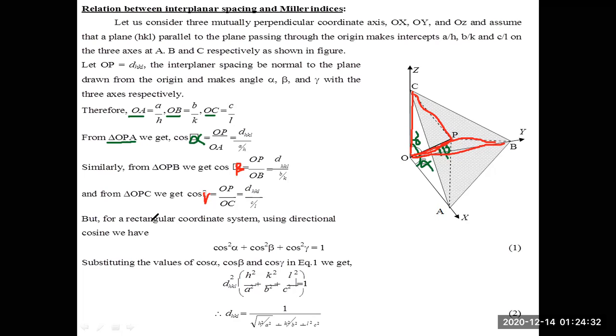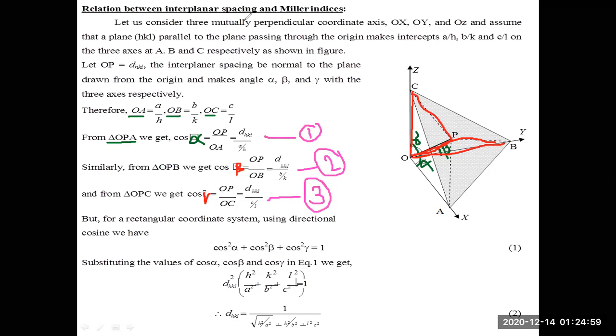So now I got these three right angle triangles, and I got the trigonometric ratios cos alpha, cos beta, and cos gamma. This is equation number one, this is equation number two, and cos gamma is equation number three. You already know the directional cosines you studied in planes, right?